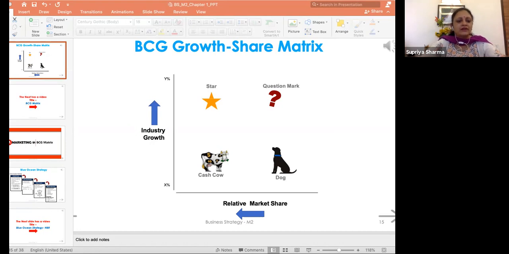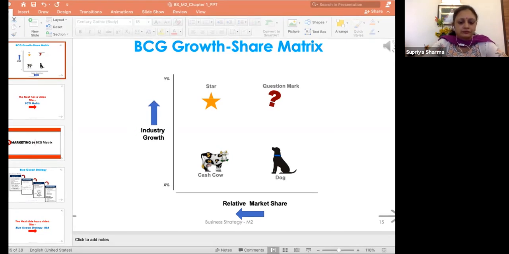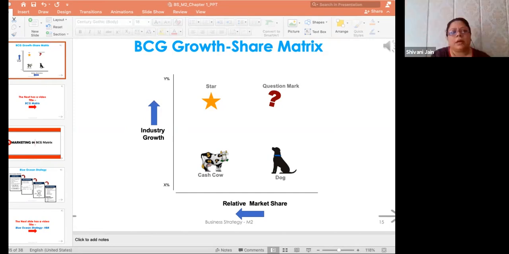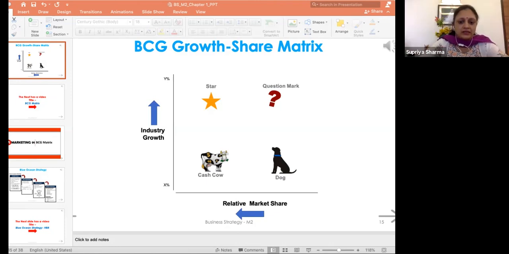So for example, if it is Britannia, can you tell me what are the strategic business units of Britannia? So they are into cookies, the biscuits, the cakes. Yes. So each unit, whatever they are producing, will be an SBU.